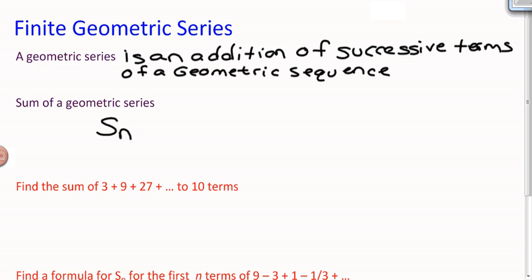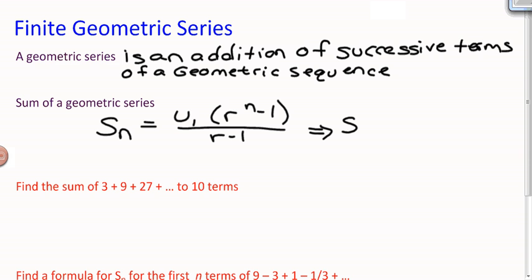S sub n again, because it's a sum, equals u sub 1, so your first term, times r to the n minus 1 all over r minus 1. This is one possible one. Or another way to write this would be s sub n equals u sub 1 times, you don't have to have the u sub 1 in the fraction, because it's all multiplication within there.